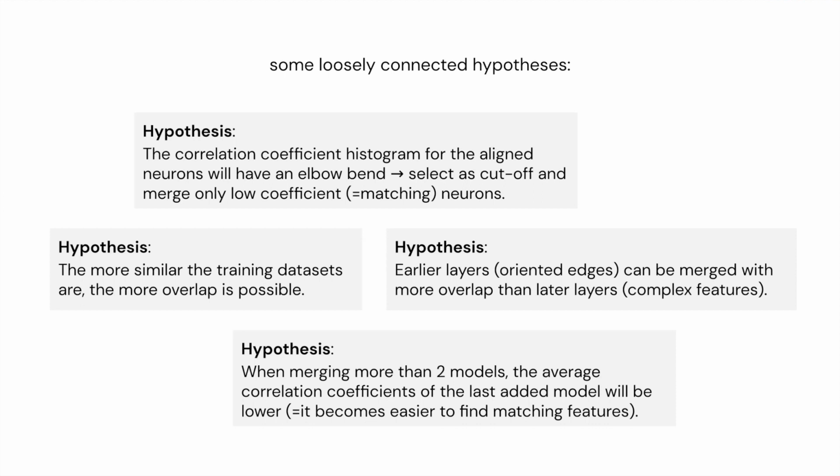Another hypothesis floating around here, which I don't think you stated directly, is that if you have multiple models and you find neurons that are more similar, it's more worth merging those and keeping the neurons that are dissimilar separate. In one hypothesis, that damages the network less, so that sounds like a great idea.